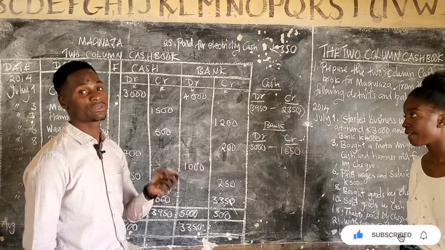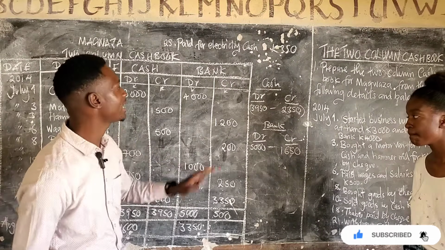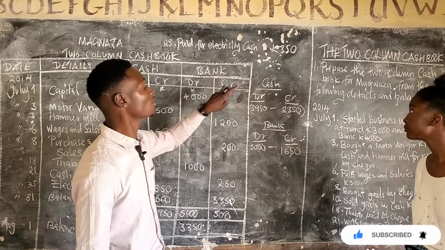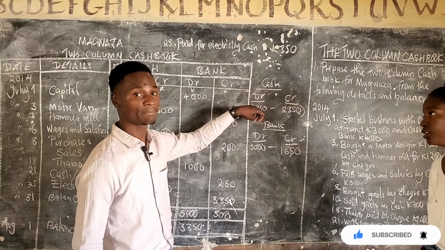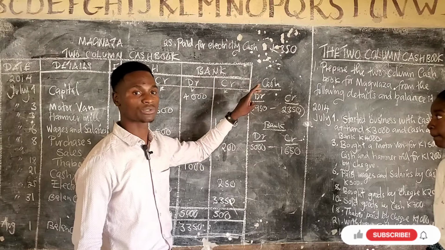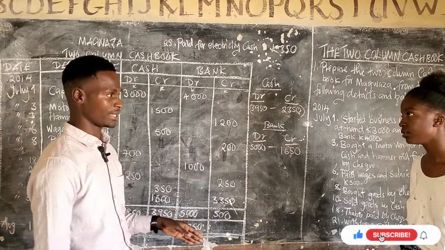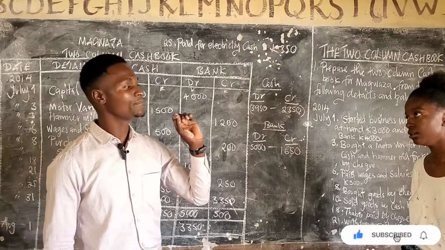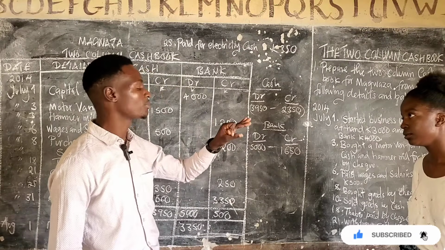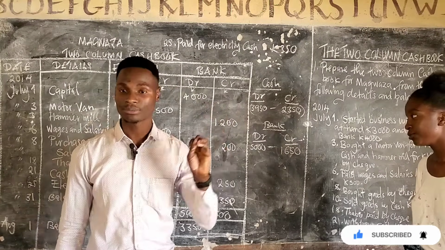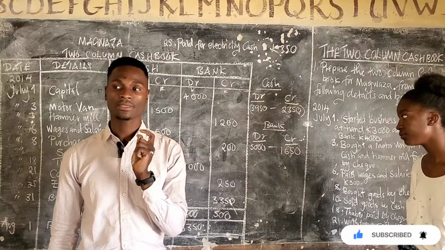In the three-column cash book, we are going to have an extra column for discount, where we're going to have discount allowed and discount received. And that's what makes the three-column cash book called the three-column cash book.